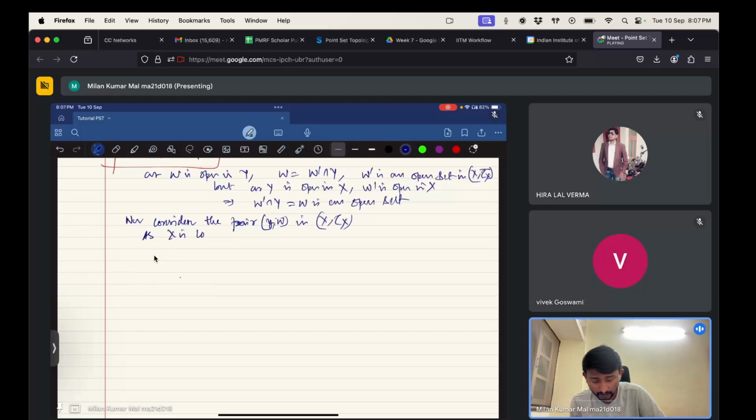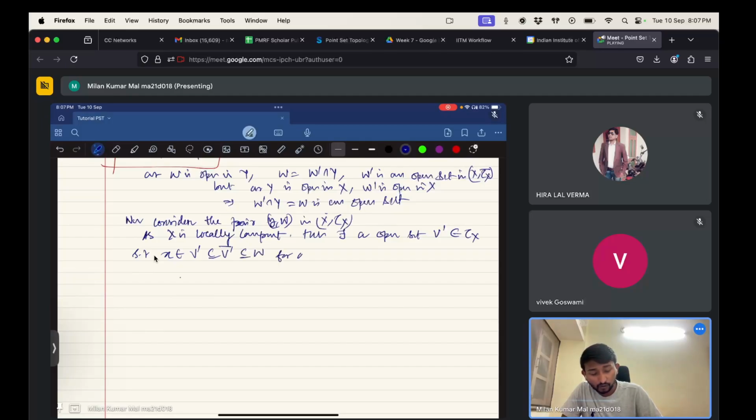I am considering this y, W as a pair in X; a pair means a point and an open set such that the point is contained in that open set, and this is an open set in X. Consider the pair y, W. As X is locally compact, there exists an open set V dash in the topology of X such that y belongs to V dash, subset of V dash closure, subset of W, and V dash closure is compact.